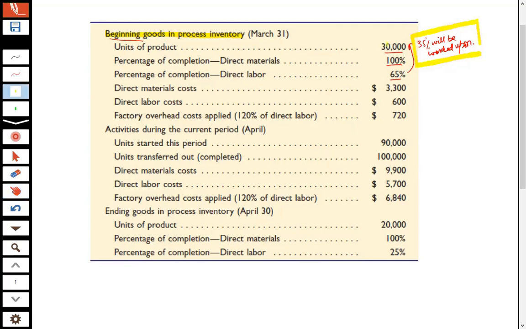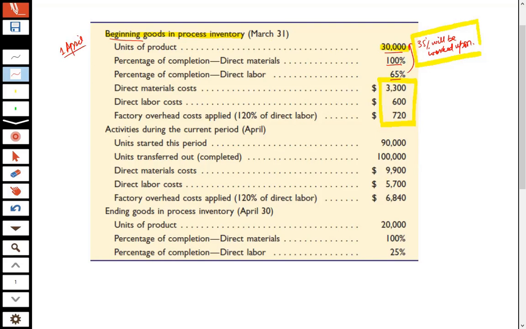It means these units and these are the costs. Now, obviously, in this month we will also put some units into production, that is, units started. It was the 31st of March, meaning we are at 1st April.